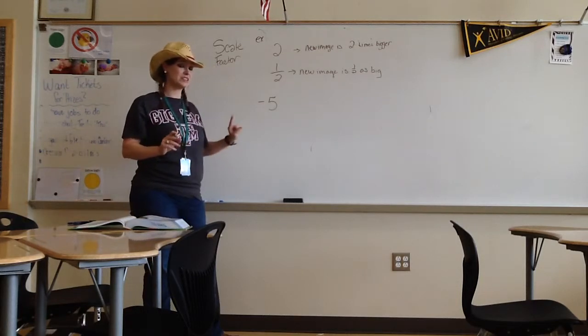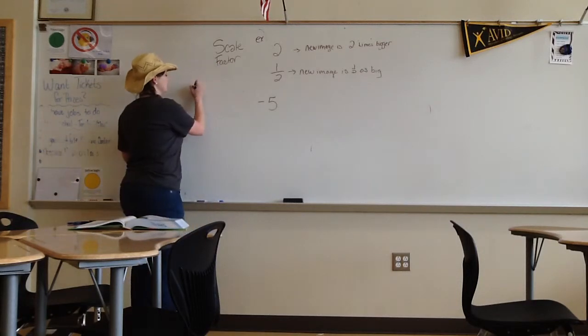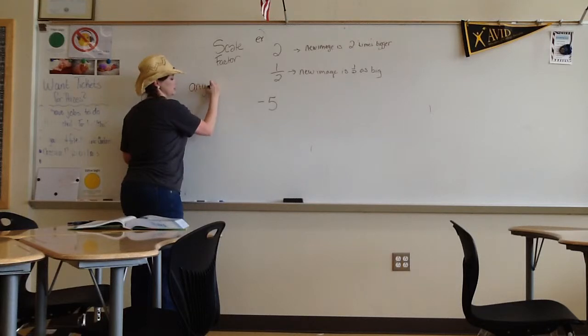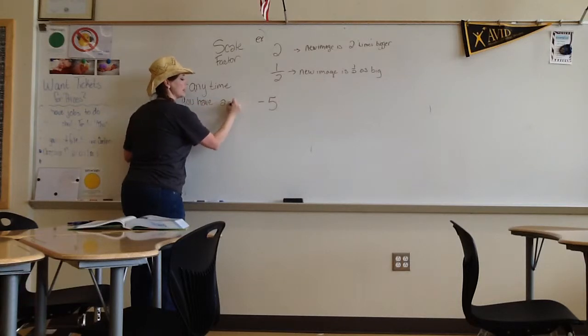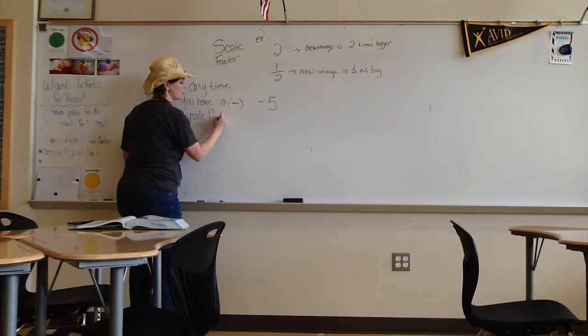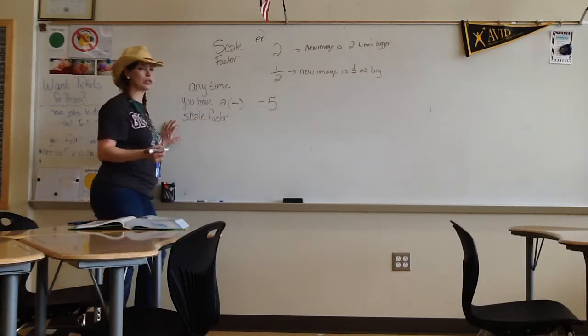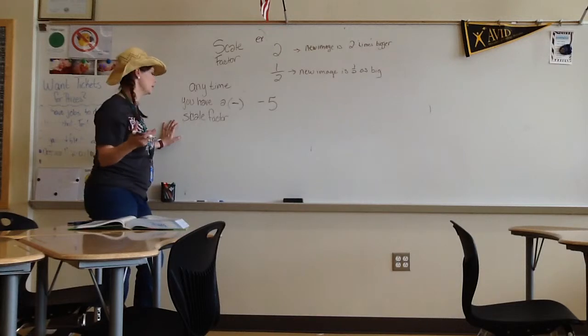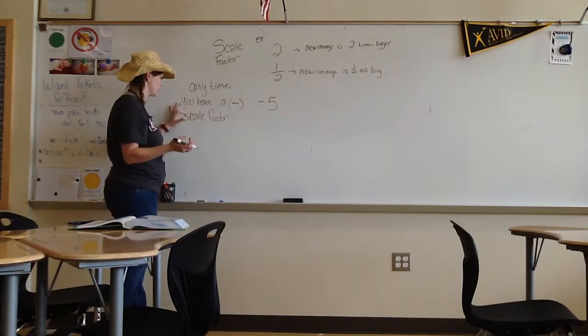Anytime you have a negative scale factor, write this down. Whenever you see scale factor in the book, they represent it with the variable k, by the way, for scale factor.